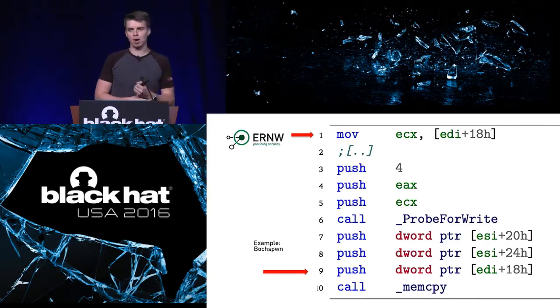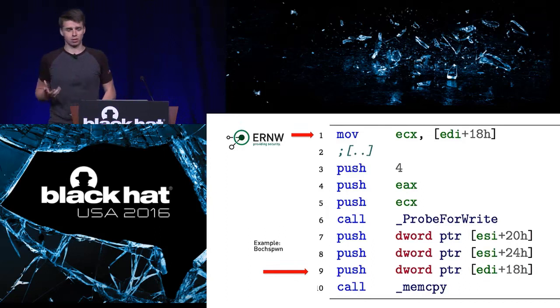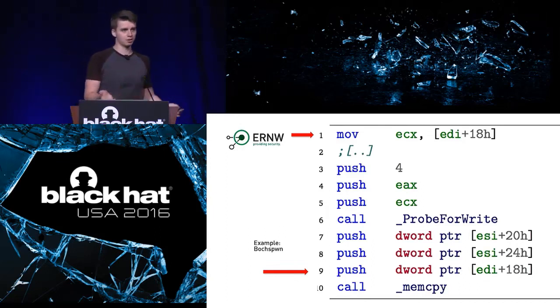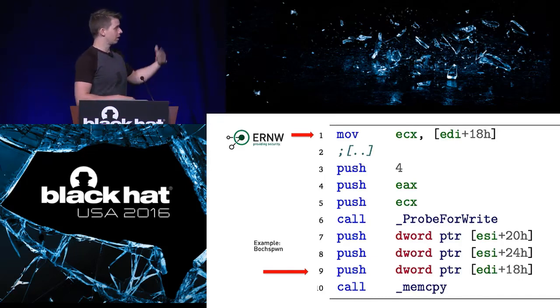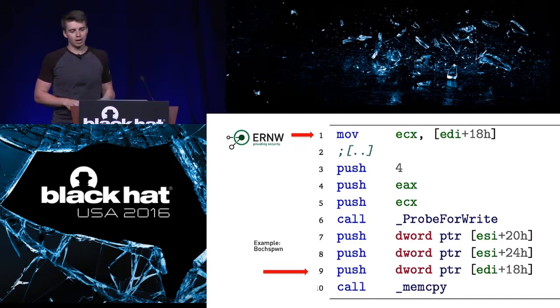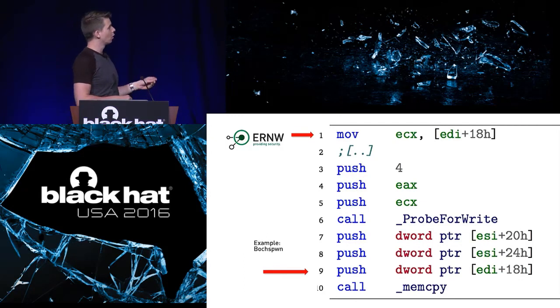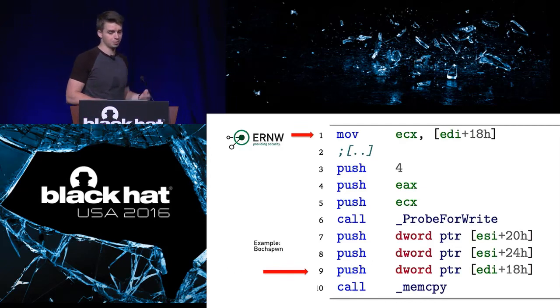Basically what ProbeForWrite does is check if that's a valid user space pointer, so if the kernel should write into there, or if it's an address pointing into kernel space, because then you could trigger memory corruption. So they have this check with ProbeForWrite, and after that they call memcpy with the same user space address again as a destination parameter.